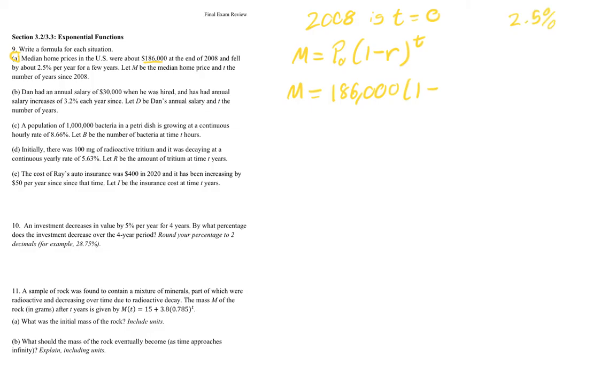To add this into our equation, we need it in decimal form, so we make it 0.025. We plug in 0.025 to the power of t. Simplifying, M is equal to 186,000 times 0.975 to the power of t. So that's going to be our median home price.